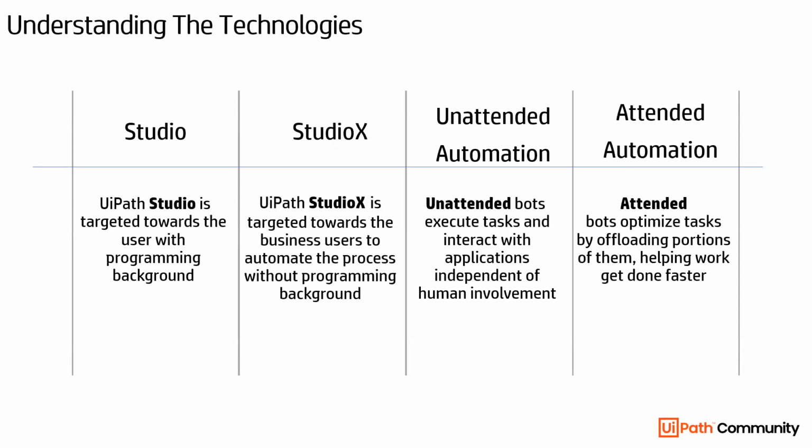Studio, and also Studio Pro, has as its target audience regular automation developers, the RPA bot developers who have a programming background, who understand programming concepts like, as I was mentioning, a language like C sharp, and terms like variables, data types, and all complex scenarios. StudioX is intended for business users who have no knowledge of programming, and it enables no code automation. Studio is low code automation, but StudioX is completely no code.